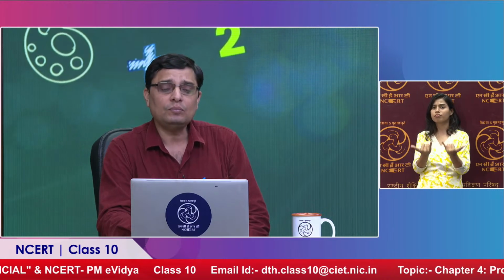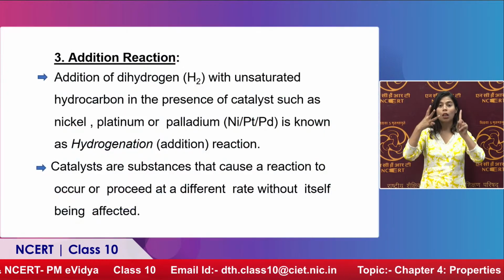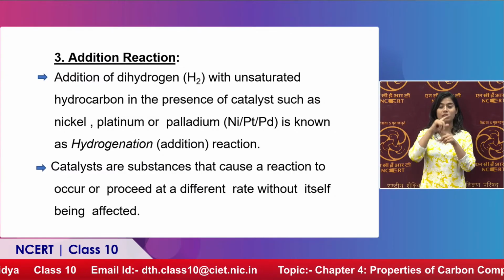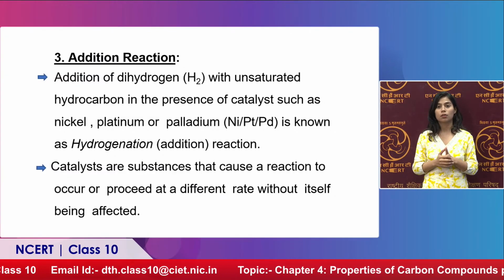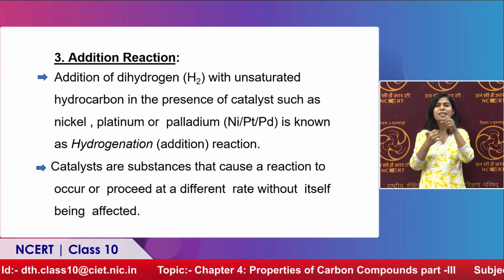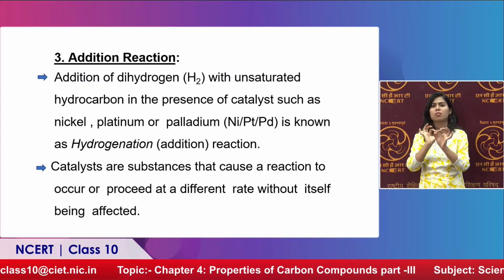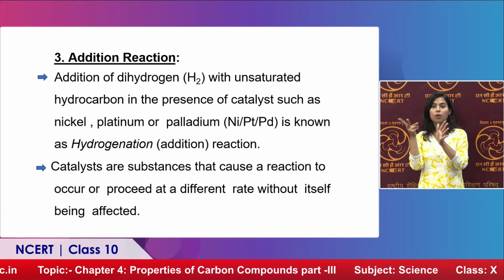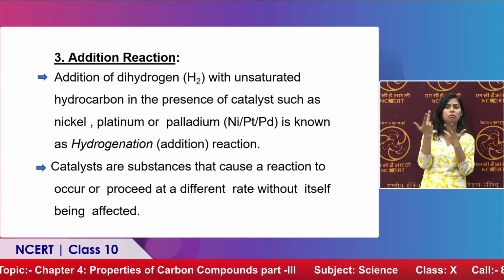Now, we talk about the third chemical property of carbon compounds, that is called addition reaction. Addition of dihydrogen, H2, to an unsaturated hydrocarbon in the presence of a catalyst such as nickel, platinum or palladium is known as hydrogenation or addition reaction.